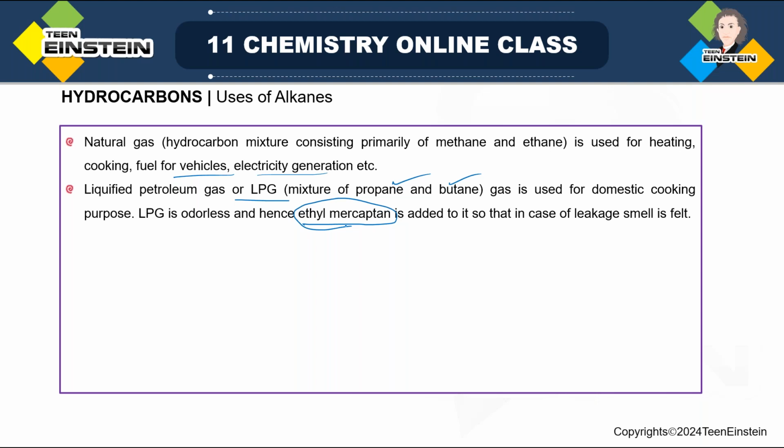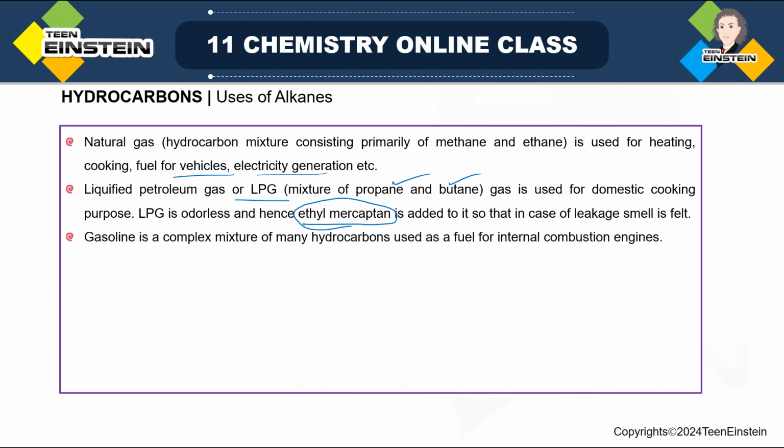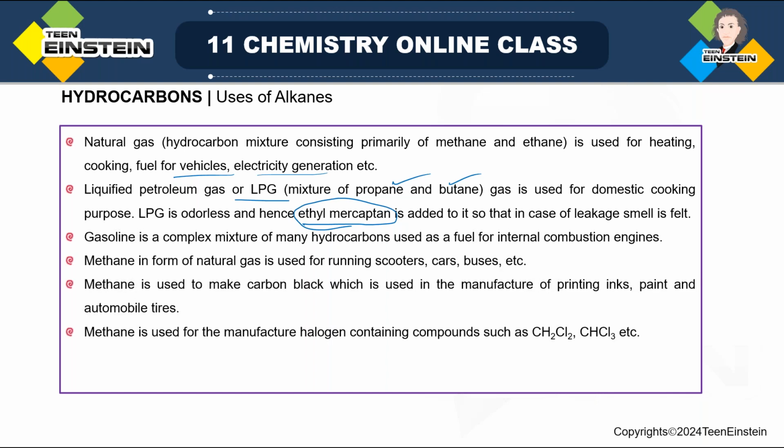So to ensure that leakage is noticed, we add something which has a specific smell, and that is ethyl mercaptan. Then gasoline, that is also a complex mixture of many hydrocarbons used as a fuel for internal combustion engines. So all these terms you are seeing here are basically mixtures of hydrocarbons.